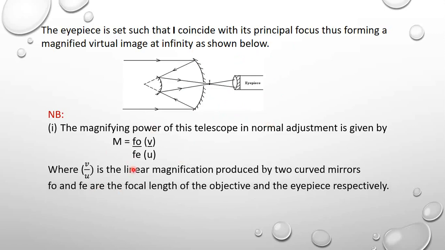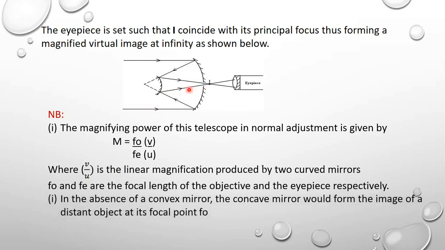Then you also need to note that when you look at the Cassegrain reflecting telescope, in the absence of the convex mirror, the first image, the intermediate image, would be formed at this point, and this point would be the principal focus of the concave mirror, because you remember that when the rays are from a distant object, the image is always formed at the principal focus of the concave mirror.